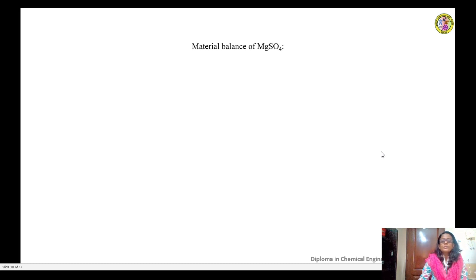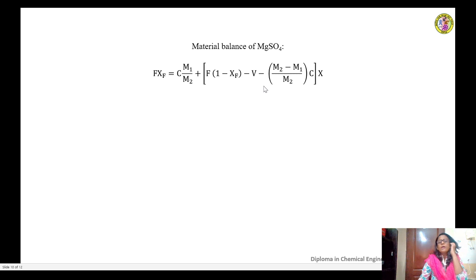So let us now use the material balance for solute, that is MgSO4. Since this produces hydrated crystals, and also there is an evaporation of some water during the operation, we need to use equation number 4 that we have derived in the material balance part of our discussion. I hope you can remember the equation.